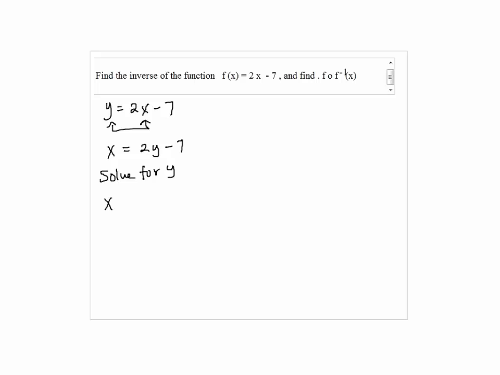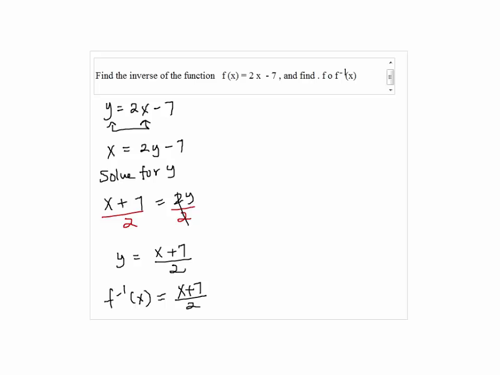By adding 7 on both sides, we have x plus 7 equals 2y. And then divide both sides by 2. We have y equals x plus 7 over 2. So the answer is f inverse of x equals x plus 7 over 2.